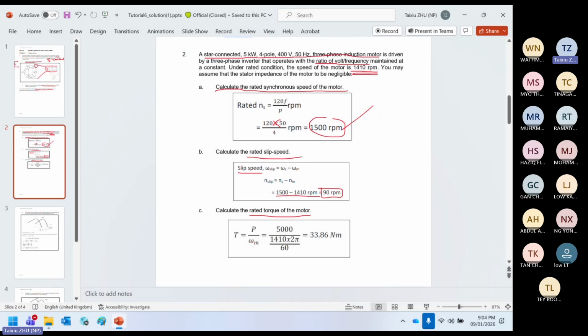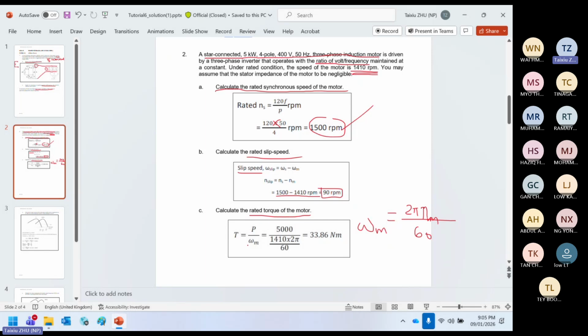Then the angular velocity omega m, the motor one, is equal to 2 pi nm divided by 60, where nm is the speed. That's the formula. We just substitute the values.